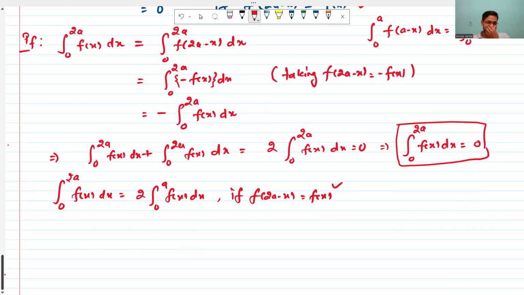This is a periodic function with period 2a. So if it equals minus f(x), then it becomes 0. If it equals f(x), then it will be 2 times 0 to a. So let us see how.